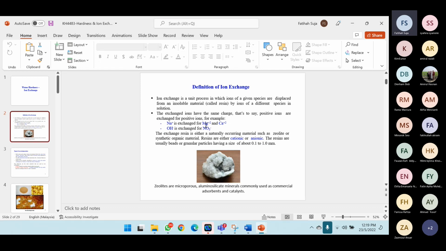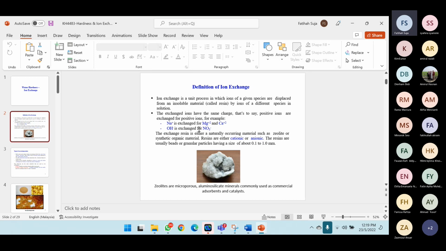So you have this magnesium and calcium in your water. It will be exchanged with sodium. Sodium is not an element of water hardness. So you exchange magnesium and calcium with sodium.